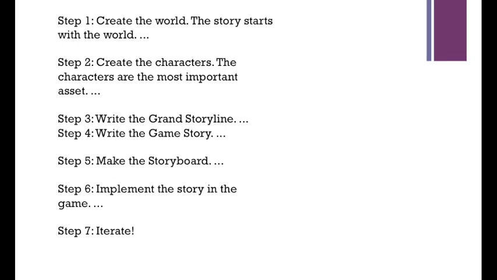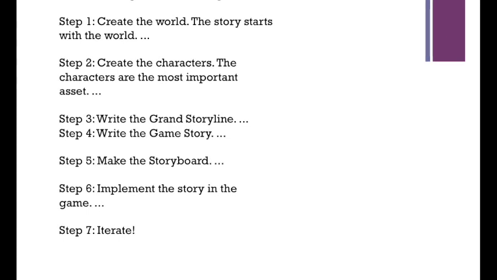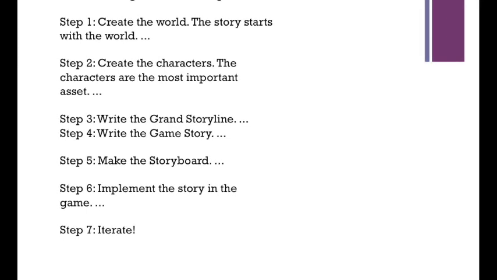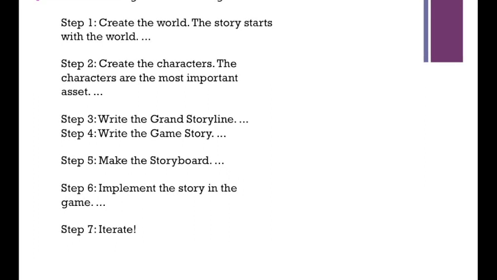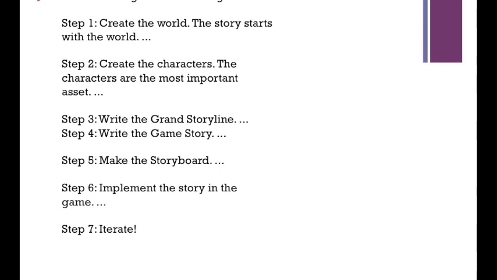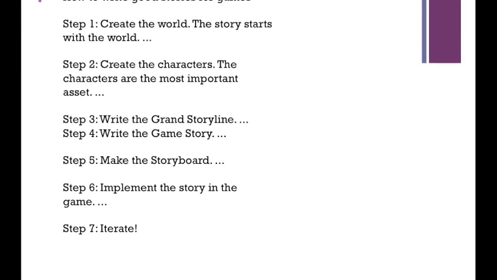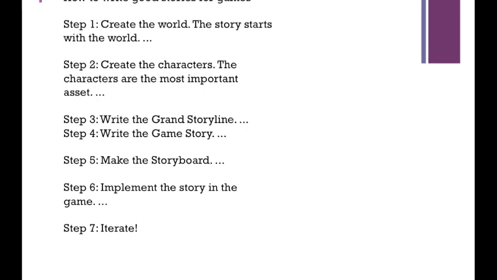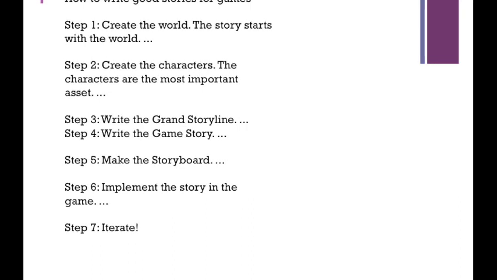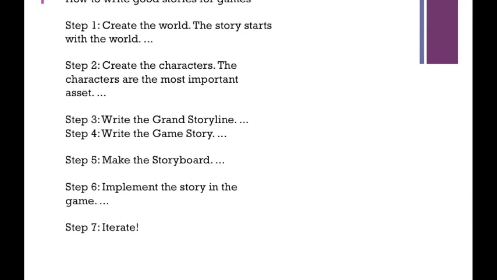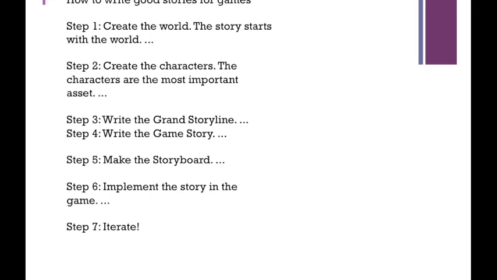Normally the storyline or game story, or storyboard or floorboard, has two steps. First, the draft. The draft is the very first, before you start creating the world. And then the second is when you have already created the characters. And then after that, step 5 is you make the storyboard.